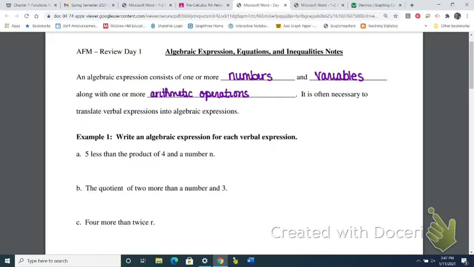It is often necessary to translate verbal expressions into algebraic expressions.